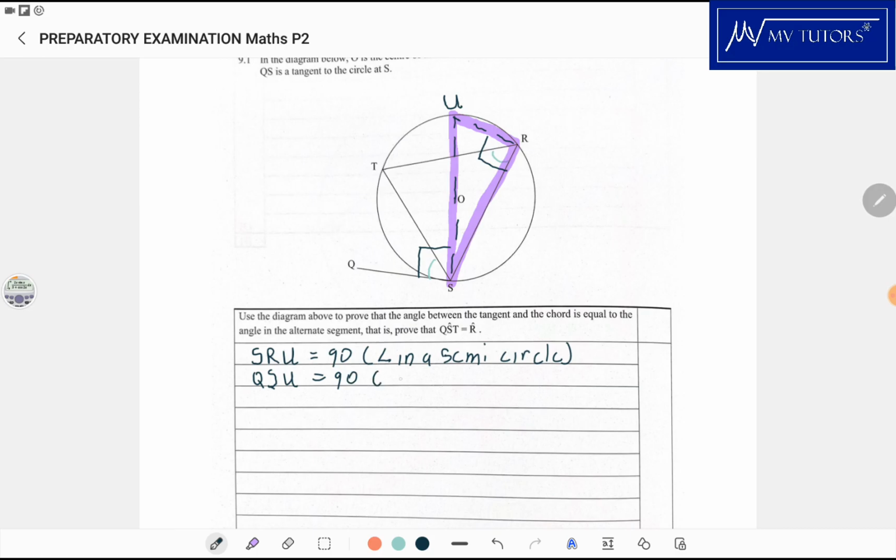And what is the reason? It's the relationship between the radius and the tangent, and the relationship is such that it's perpendicular. The radius is always perpendicular to the tangent, always. That's the rule. Always perpendicular.